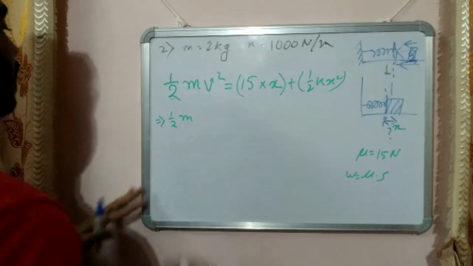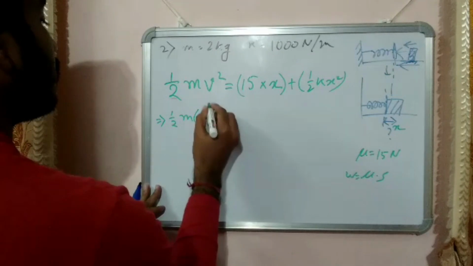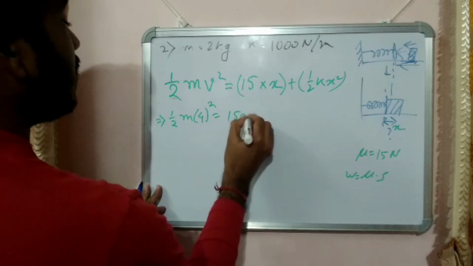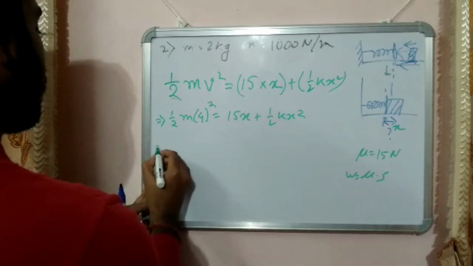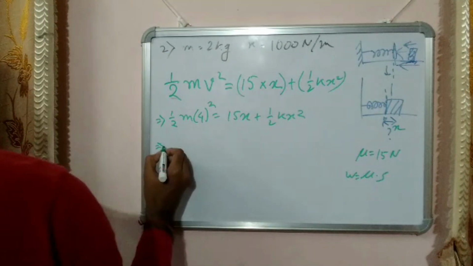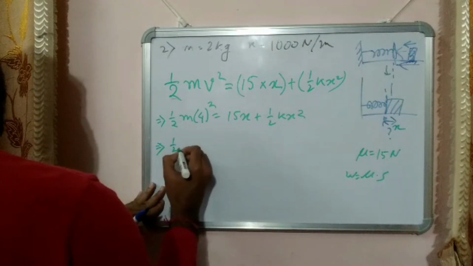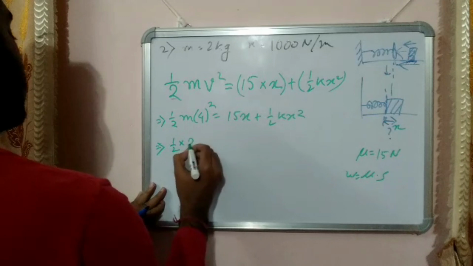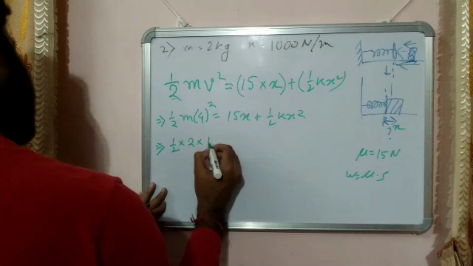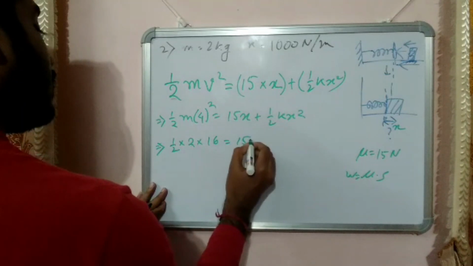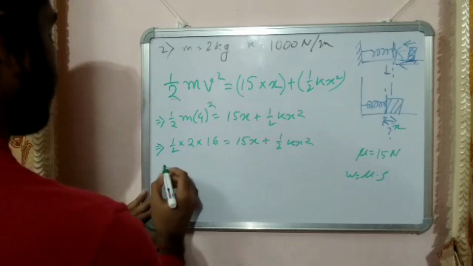Half m v square, where v is given 4, equals 15x plus half kx square. So half, m is given 2, and 4 square means 16, equals 15x plus half kx square.